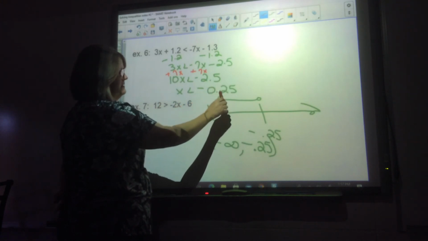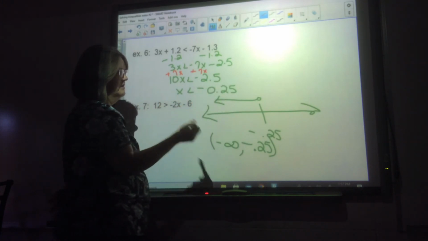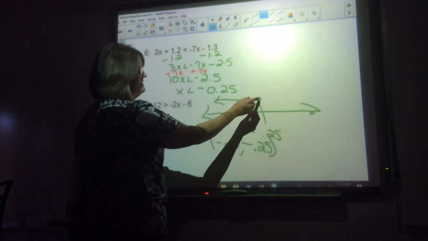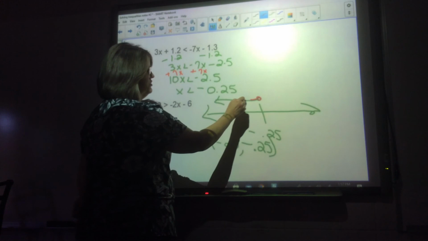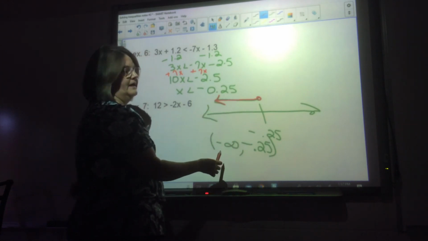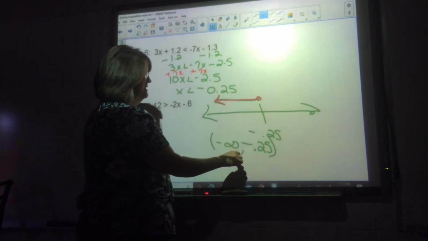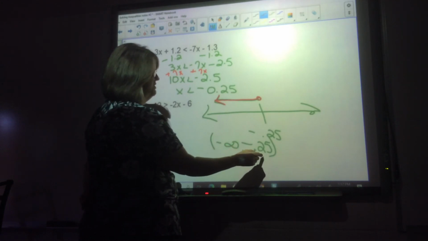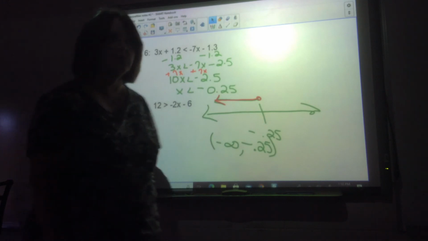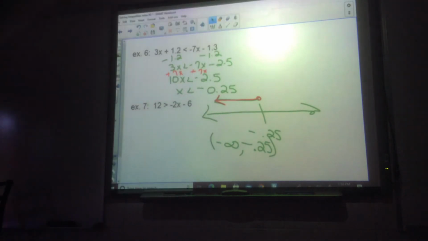That just makes this negative 0.25. There's no equal to sign. It's an open circle shaded to the left. When I write my interval notation, negative infinity here, negative 0.25 here, and it's got a parenthesis because it's an open circle.